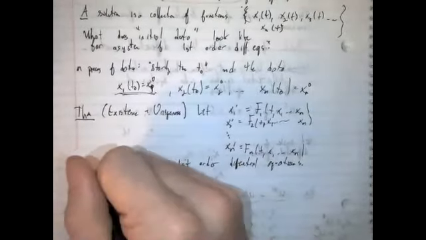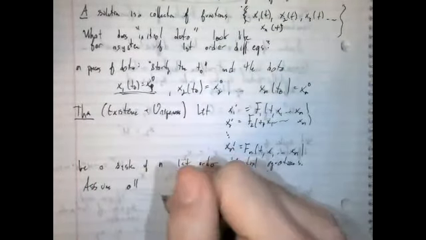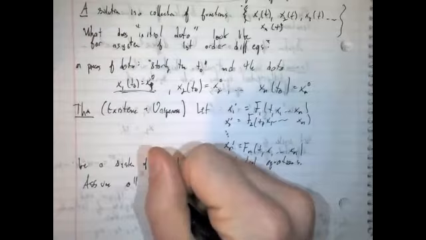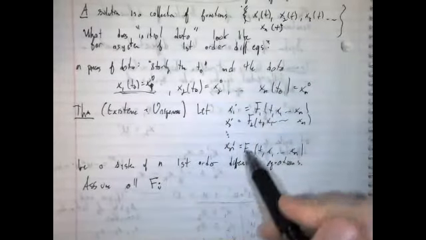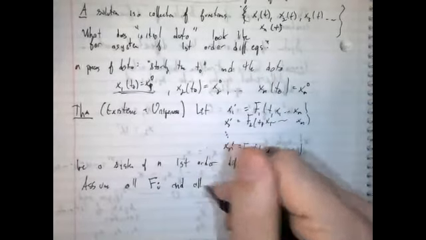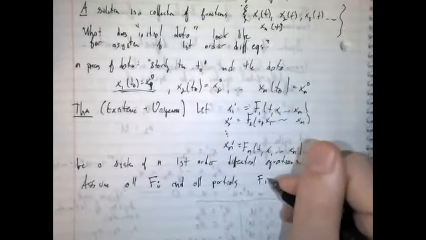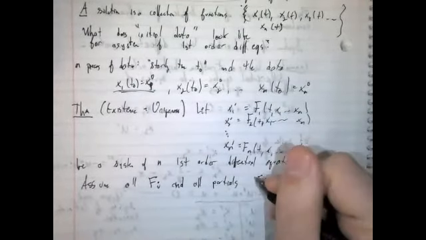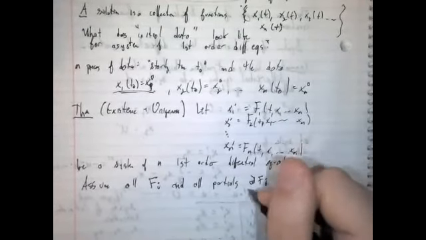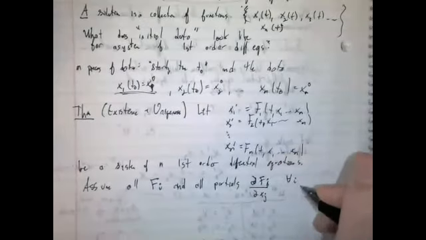So we assume all these functions on the right-hand side, and all partials, the partial derivative of fi with respect to xj, for all i and j.